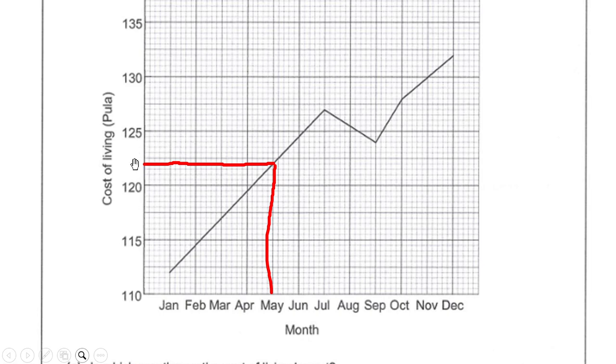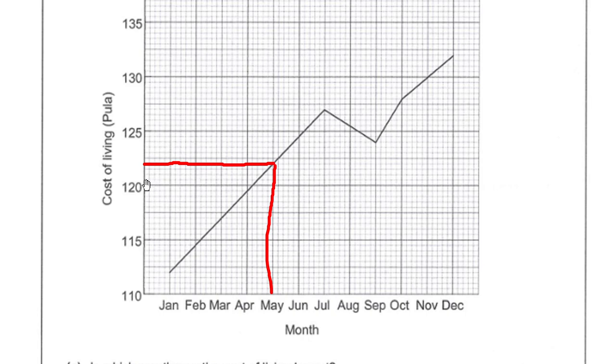So we have to find out what the reading for each individual square is. What you do is take the top value, subtract the bottom value, and then divide by the number of squares. So we're going to say 125 minus 120, that's 5, and then 5 divided by, I'm assuming that's 10 squares, 1 2 3 4 5 6 7 8 9 10, yes. 5 divided by 10, that's 0.5.